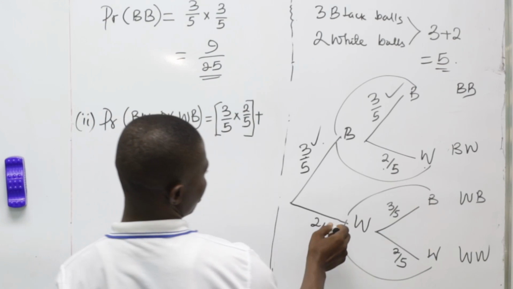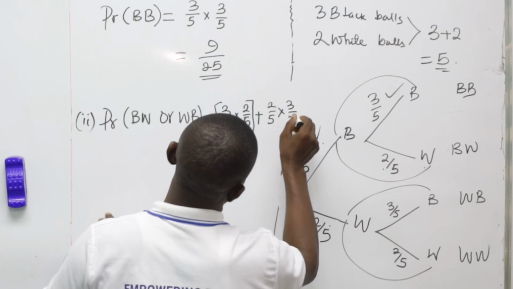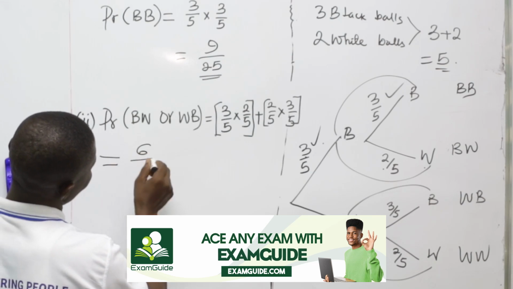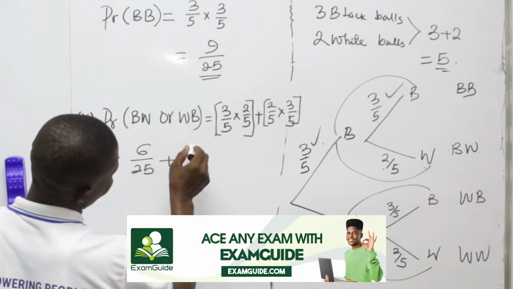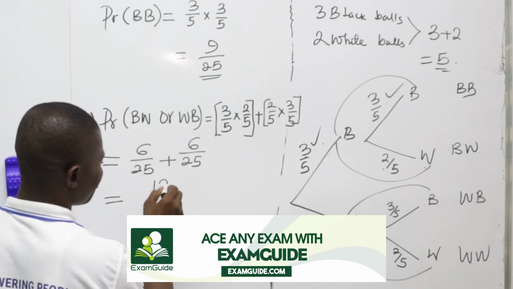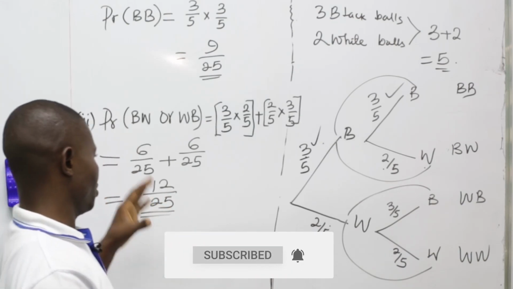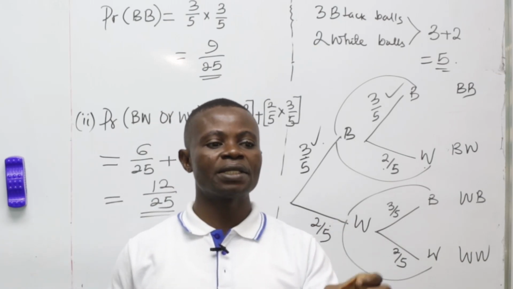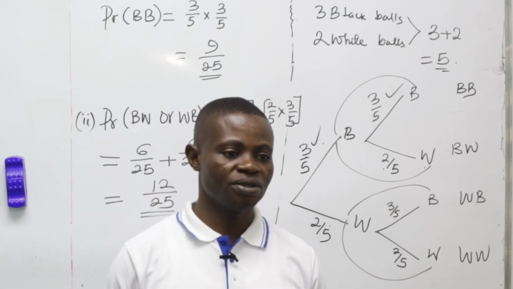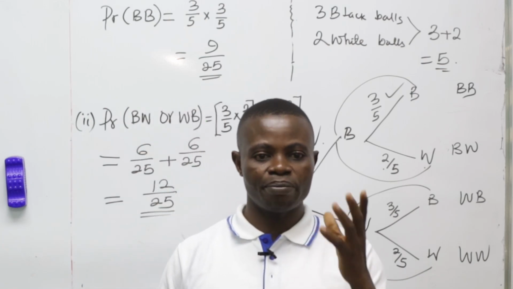What is white? Then black. 2 over 5 multiplied by 3 over 5. So this will give us 6 over 25 plus 6 over 25. This will give us 12 over 25. So the probability of getting 1 white and 1 black equals what? 12 over 25.